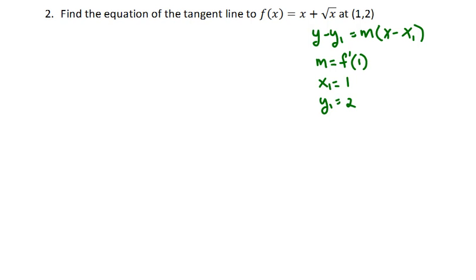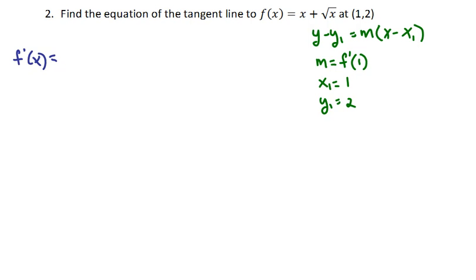So really the only thing we need to do here is to find the derivative and to evaluate it at x equals 1, plug everything into that point slope form, and we're done. Okay, so the derivative of f, we're going to use the sum and difference rule here.